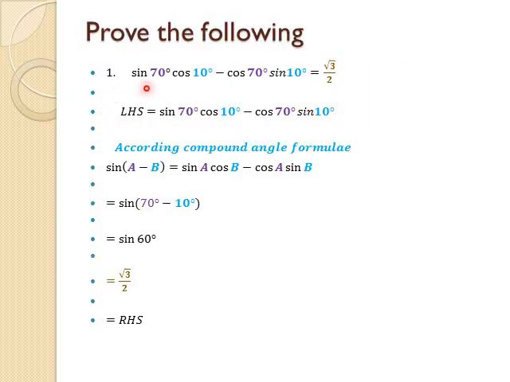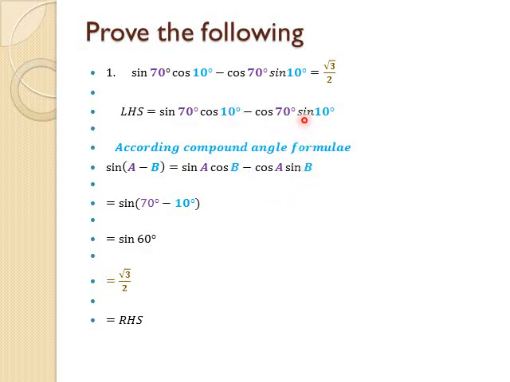Problem number 1, they gave me sine 70 cos 10 minus cos 70 degrees sine 10 equals square root 3 over 2. So my left hand side is that, and we assume you remember, according to compound angle formula, you knew this from grade 12 work, sine A minus B equals sine A cos B minus cos A sine B. So you see there's sine 70 cos 10, cos 70 sine 10.